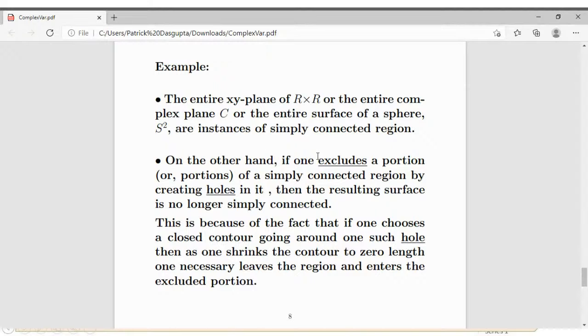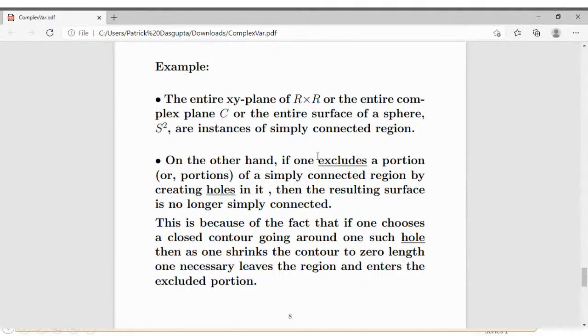That means imagine that you have a landmass, and within that landmass there is a pond which contains water. Then if I give you a closed rope, which is lying all around the pond, and ask you to shrink the rope, contract the rope, then eventually the rope will have to enter the pond. And hence, the pond doesn't belong to the land, and therefore the land part is not simply connected.